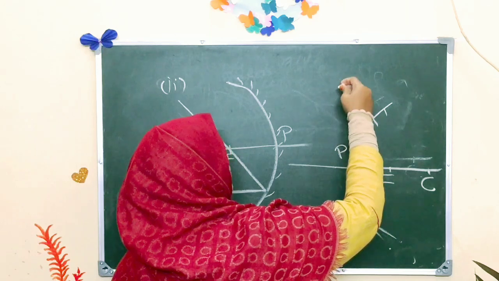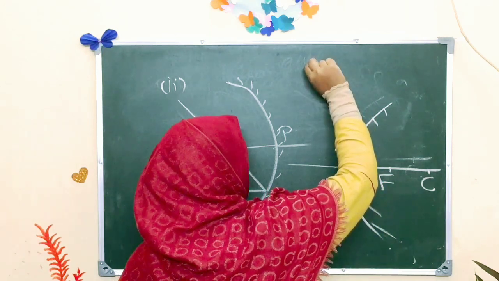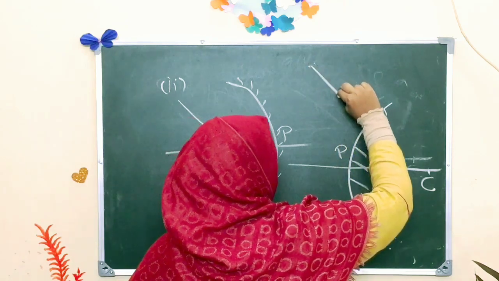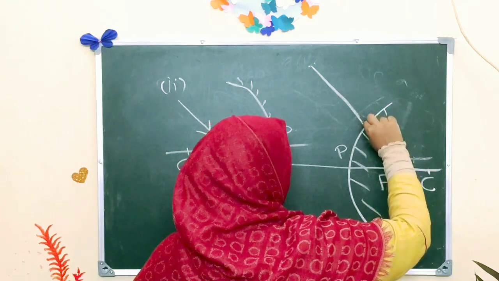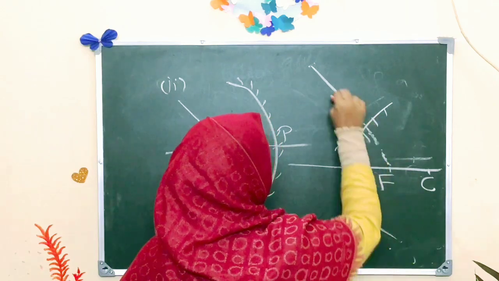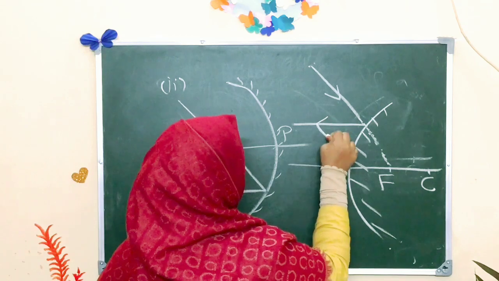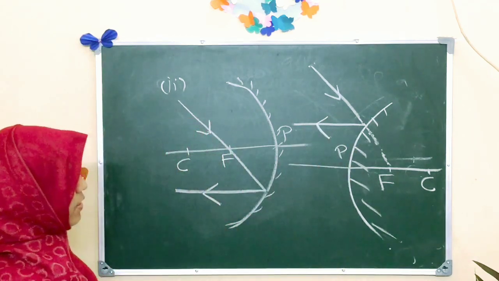Here any incident ray directed toward the focus, after reflection passes parallel to the principal axis.